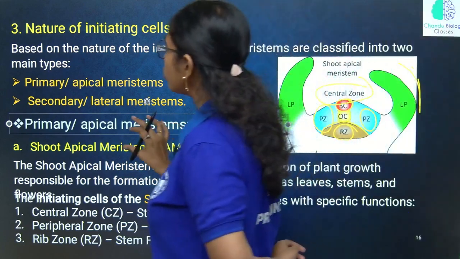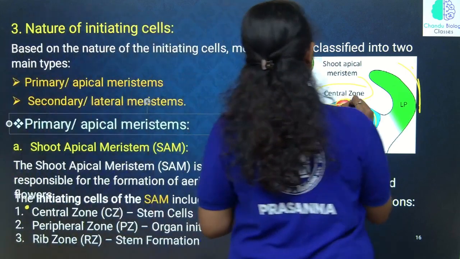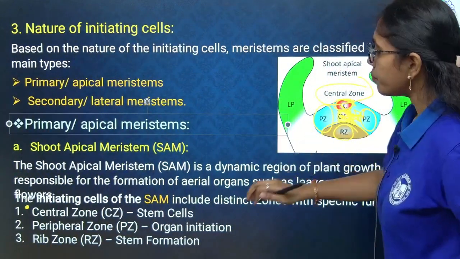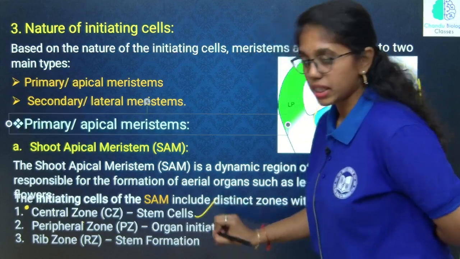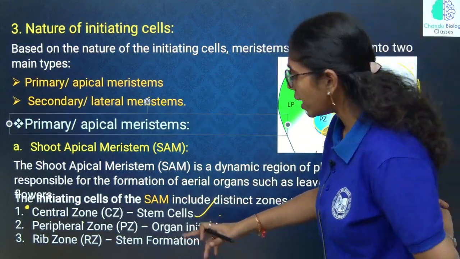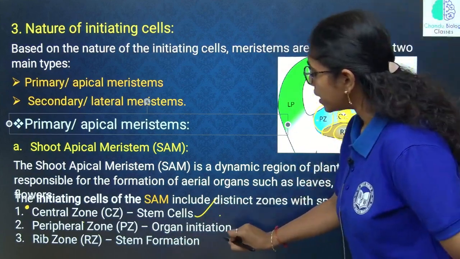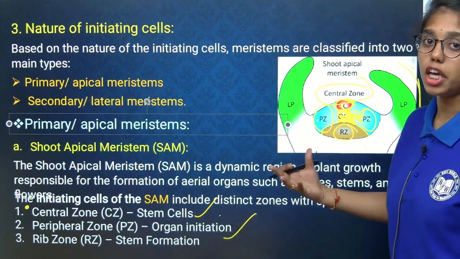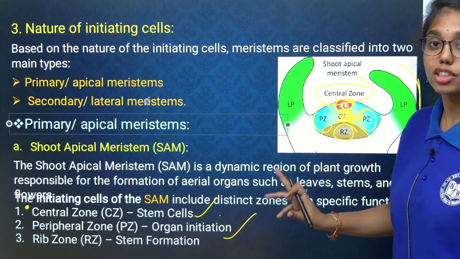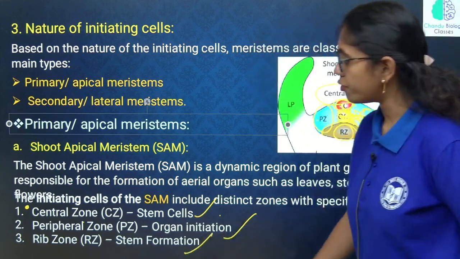Okay. Coming to shoot apical meristem, wherein the central zone, which is at this region, will give rise to stem cells, whose activity is continuous division, and the peripheral zone, which is at the sides, performs organ initiation. Rib zone includes stem formation.